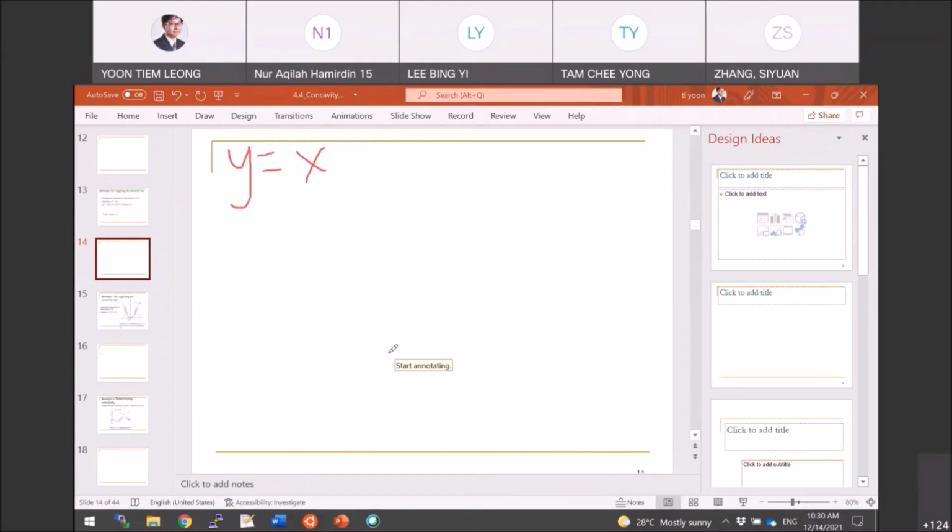In order to determine the concavity of the function y equals x cubed, what you do is take the first derivative. The first derivative is 3x squared. Then the second derivative, y double prime, is 6x, right?